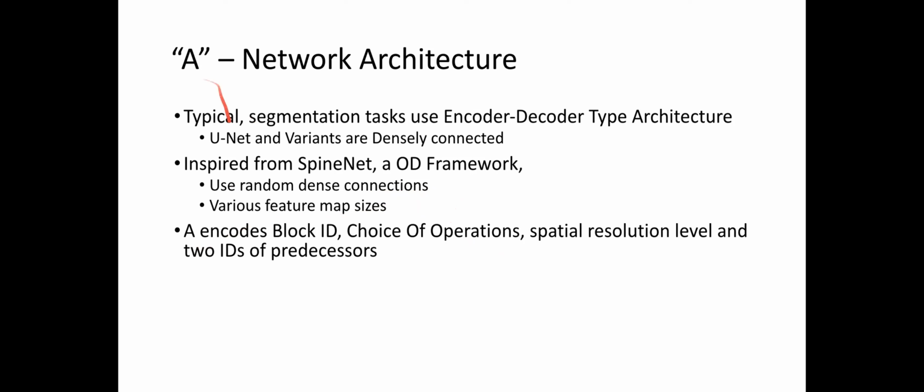As I said, A is a vector consisting of 5 values: the block ID and the operations you should perform, like batch normalization and the choice of activation functions, and the spatial resolution level, meaning what resolution it is going to output, and also 2 IDs of its predecessors. So a block can take input from 2 previous blocks, which is why they mean the predecessors. You encode these in the form of numbers into the A vector.